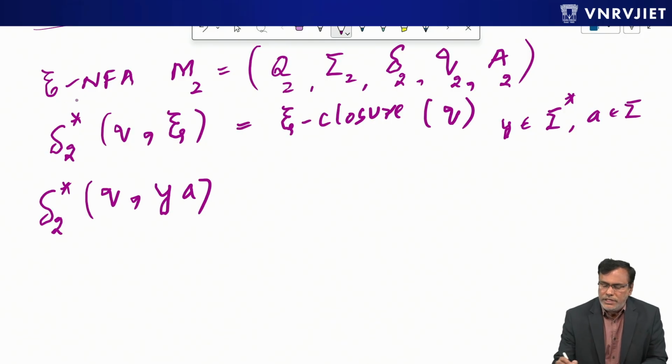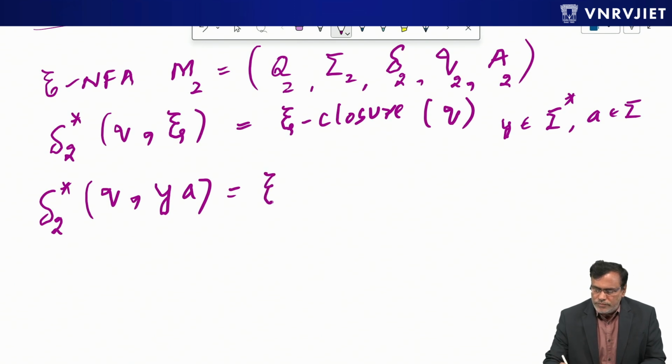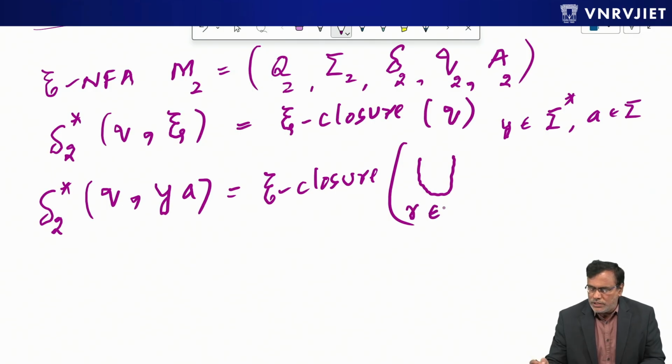This is epsilon NFA, so it can be stated as follows: it equals epsilon closure of the union over r belonging to delta 2 star of q, y, of delta 2 of r, a. Make a note, you are going to have this epsilon closure two times.